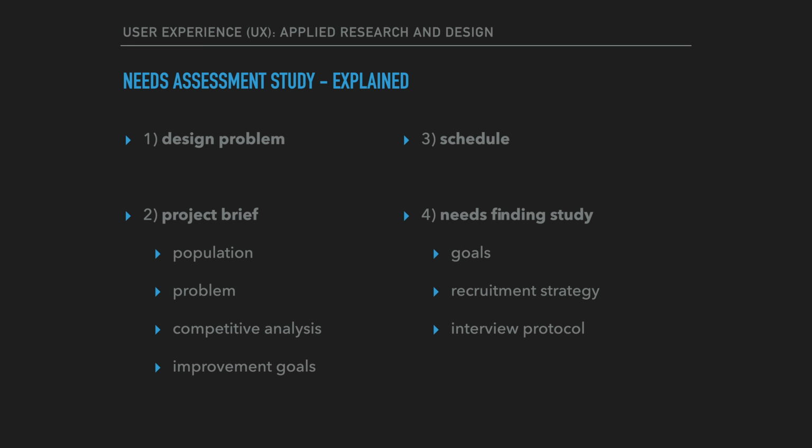Competitive analysis is basically looking at and researching competitors. Improvement goals is about how the system will improve things for users. Third, the schedule demonstrates a typical work plan. Fourth, the needs finding study demonstrates goals, recruitment strategy, and interview protocol.